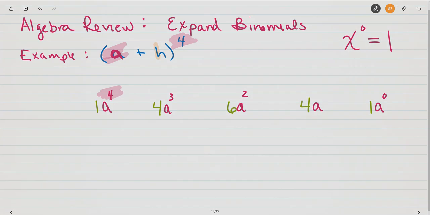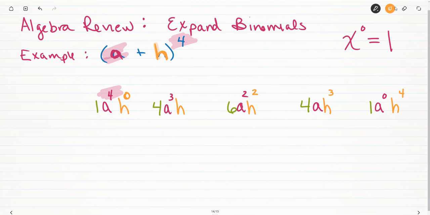And now let's expand to the h. So I could start at the beginning and then use a to the 0, or I could start at the end and start with h4. I'll go ahead and do h to the 0, h to the 1, h squared, h cubed, and I'm going to end with h4.